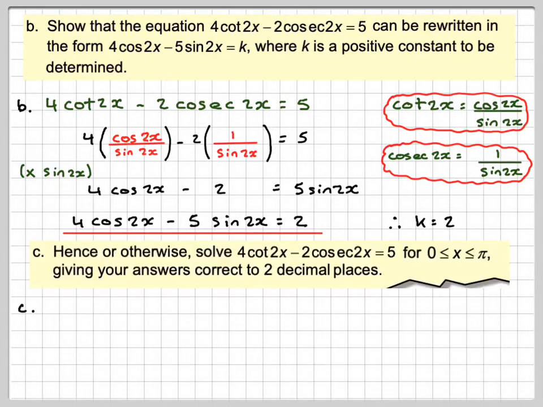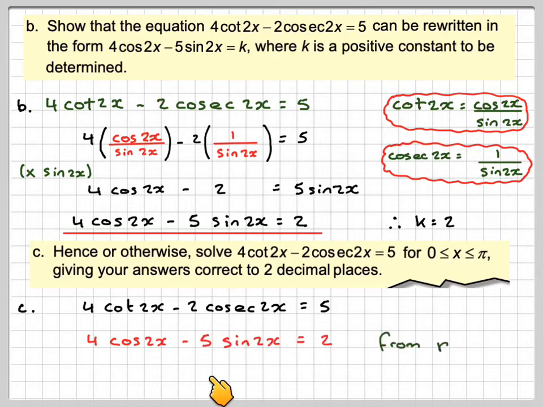Now the last part, hence or otherwise solve the equation 4 cot 2x minus 2 cosec 2x is equal to 5 for values of x between 0 and pi, giving your answers correct to 2 decimal places. So 4 cot 2x minus 2 cosec 2x is equal to 5. We know that that is equal to that from part B. So 4 cos 2x minus 5 sine 2x is equal to 2.